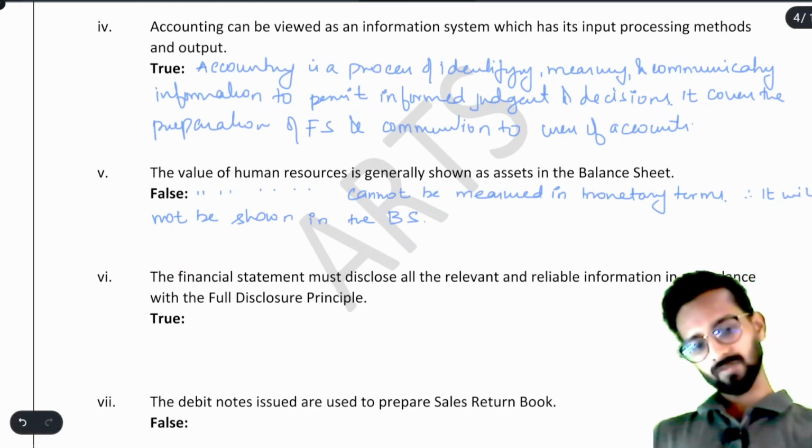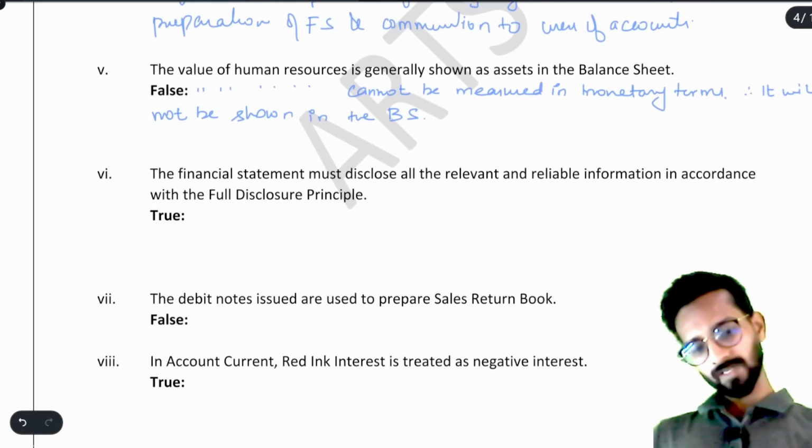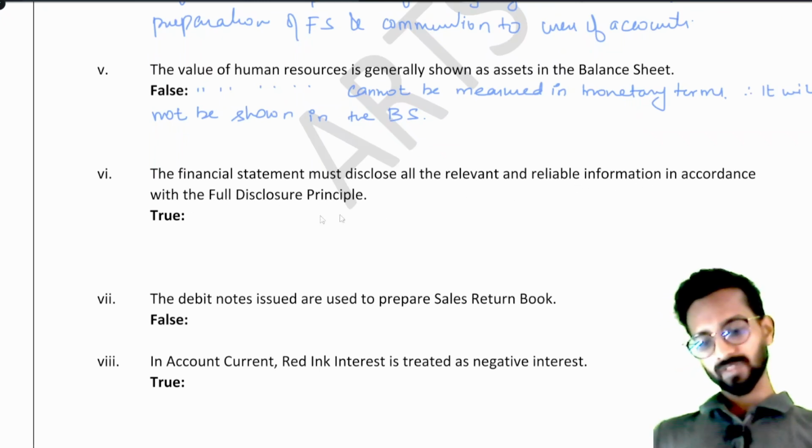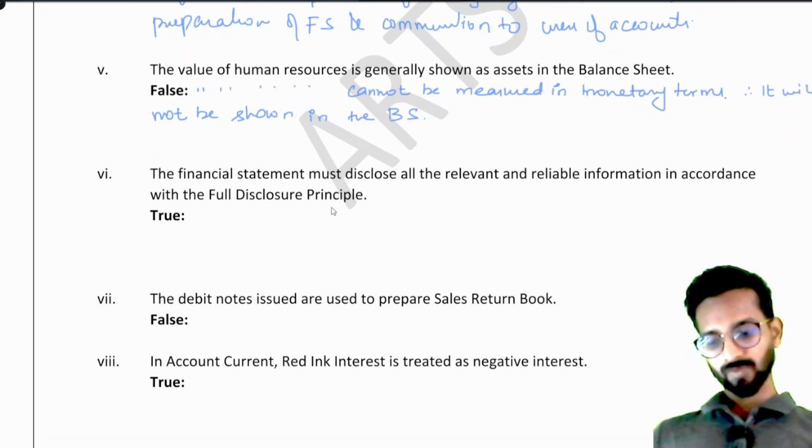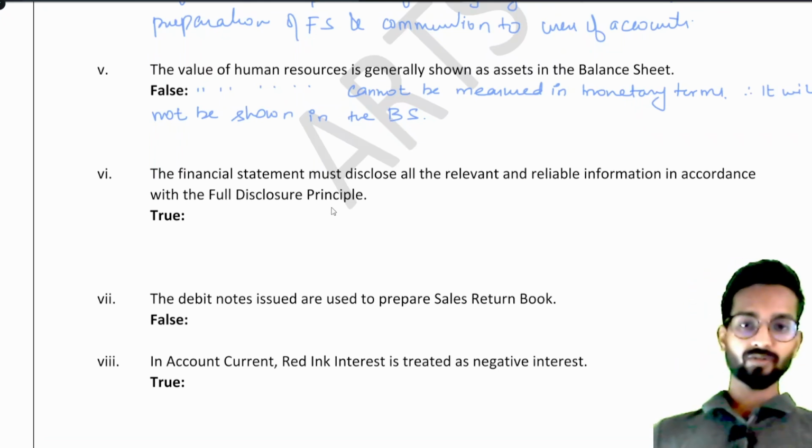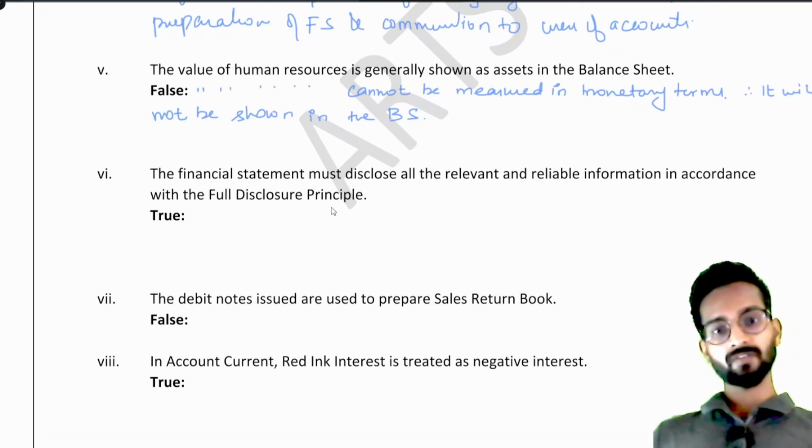Understood? Now, point number 6. The financial statement must disclose all the relevant and reliable information in accordance with the full disclosure principle. See, this is what our accounting standard 1 also says, that whatever information you are disclosing, you have to disclose everything related to that, whatever entry you have disclosed, whatever are the effects of those assumptions, everything.